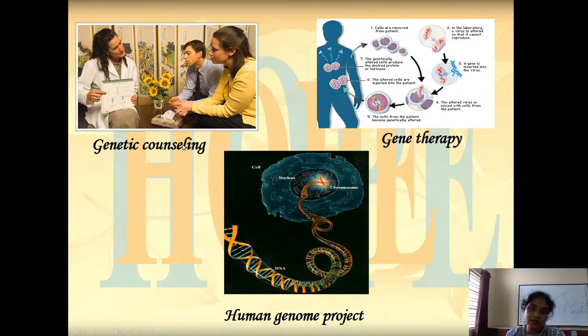It started long ago, where if the father or mother has any disease, they counsel them on the chances that their kid might have it. Then there is gene therapy, which is not so much in the field, but abroad they might be doing this.